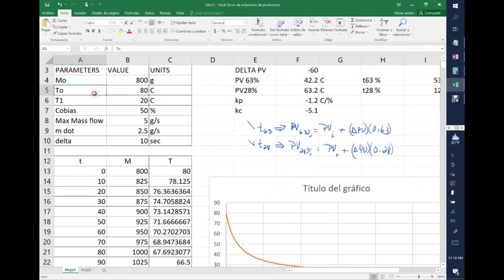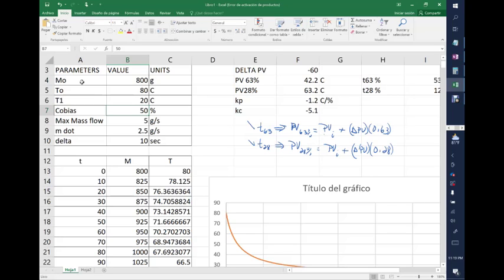As always, try to get all your numbers in a decent way. For example, parameters: we have the initial mass. It's a small reactor, as I said, a small lab experiment with 800 grams. Initial temperature about 80. T1 is the temperature coming from the cold water, about 20 degrees. The CO bias for this dynamic will be set to 50.